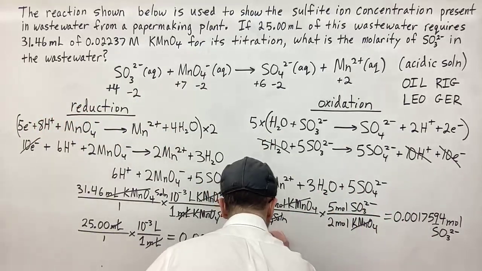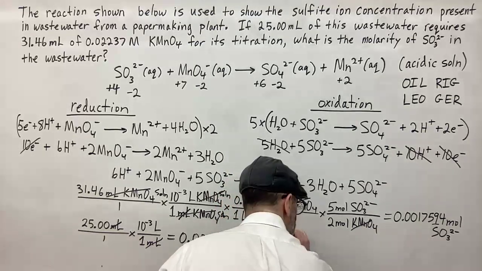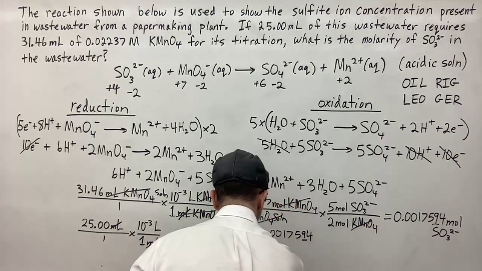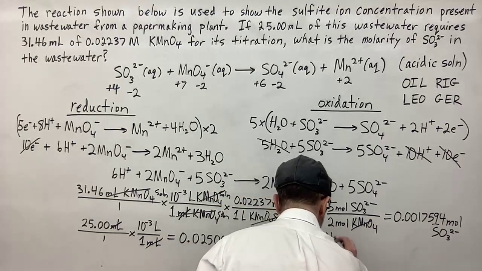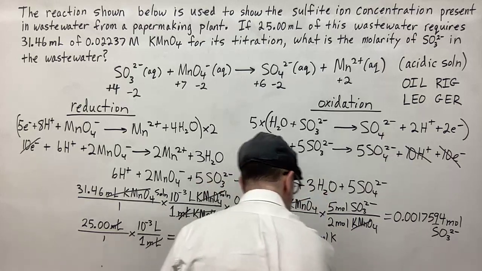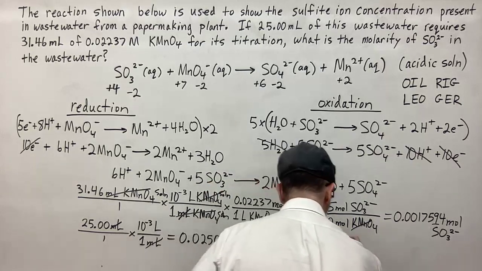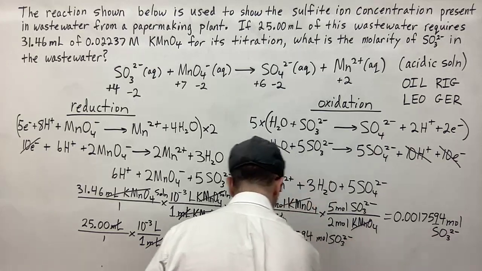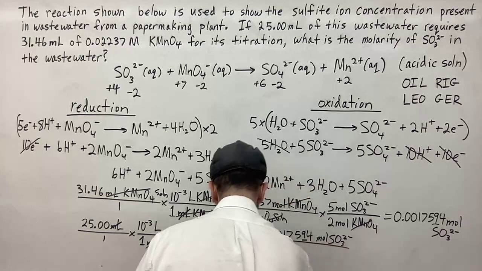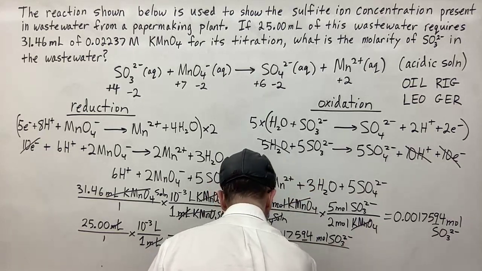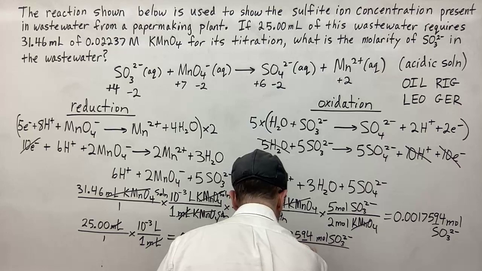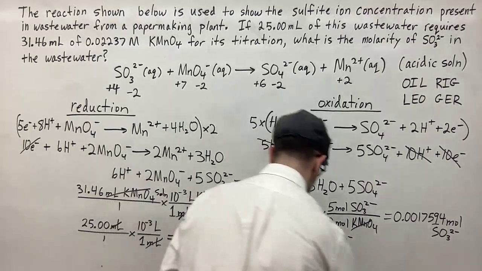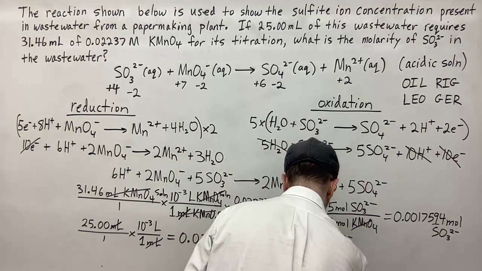So 0.0017594, and that's the moles of the sulfite ion, over 0.02500 liters of the wastewater, right?